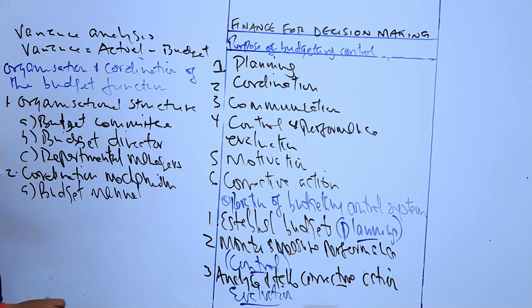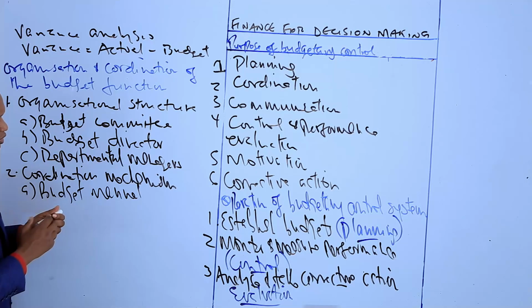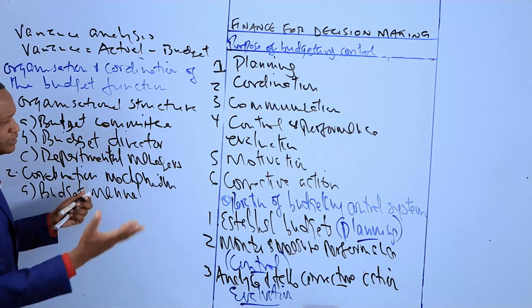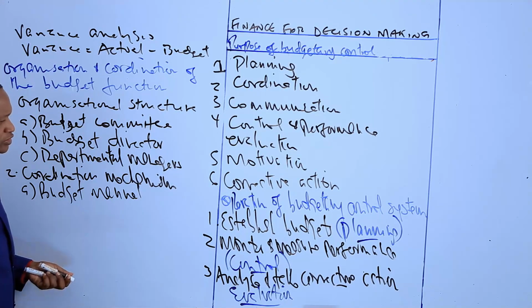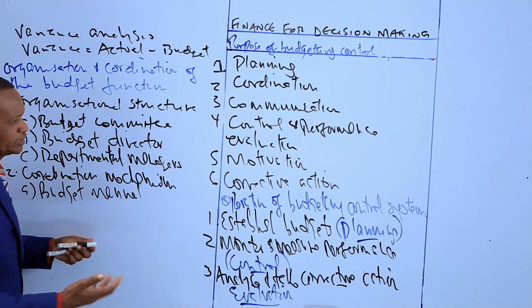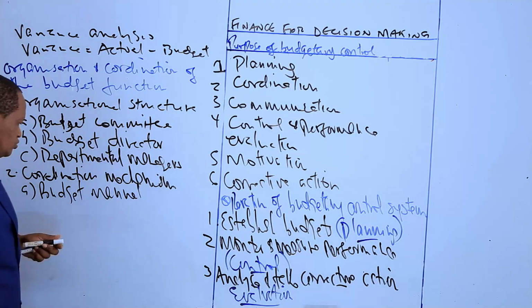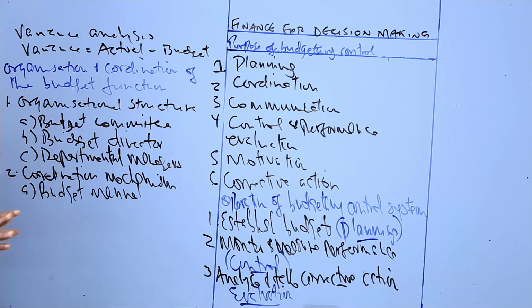Because you recall we discussed earlier, candidates, it's not possible to have a proper budget if the departments are not operating in harmony, because departments work together towards achieving the same goal. So there has to be coordination, and for coordination to be effective, there has to be a budget manual, which is a formal document that outlines the complete budgeting process.